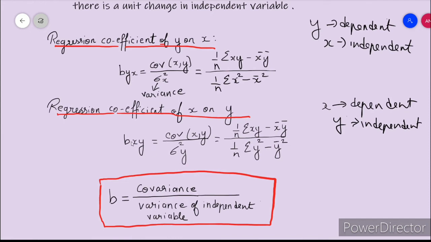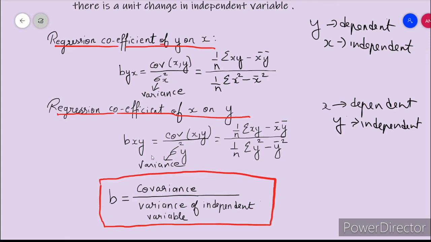So the regression coefficient of x on y is the covariance of x and y divided by the variance of y, and if we expand that, this is what we get. So the regression coefficient is nothing but the covariance divided by the variance of the independent variable.